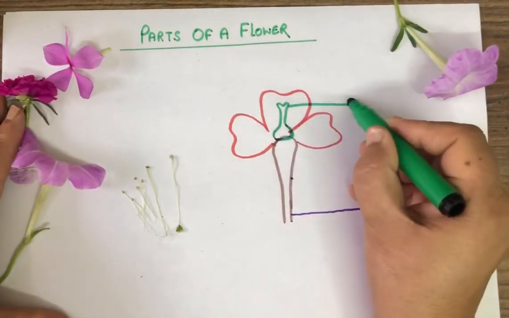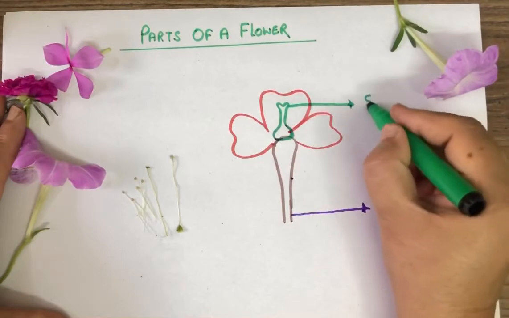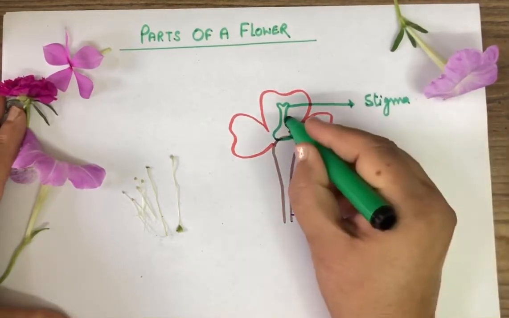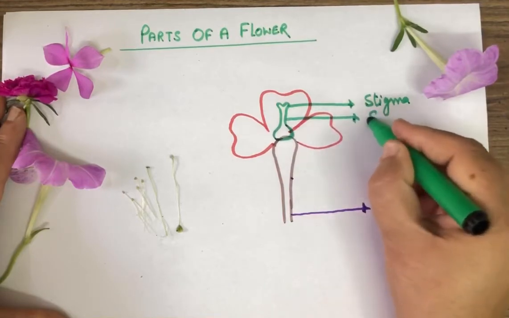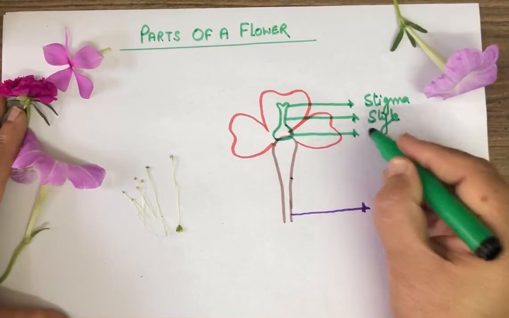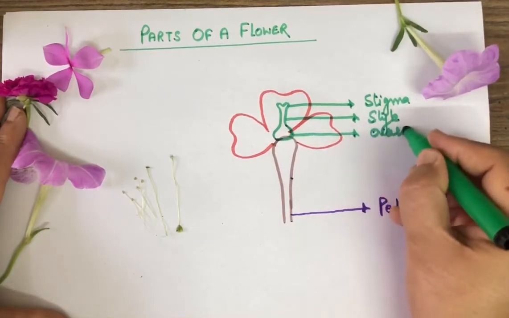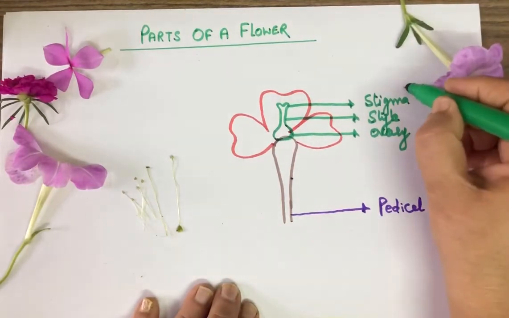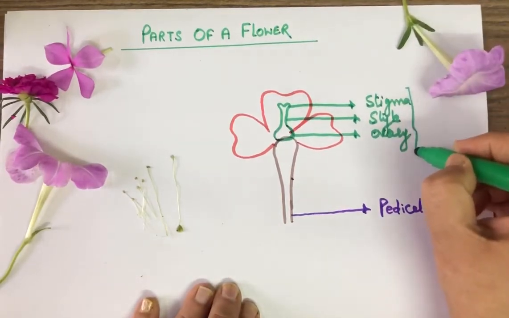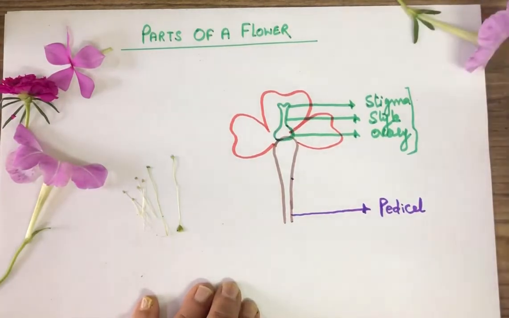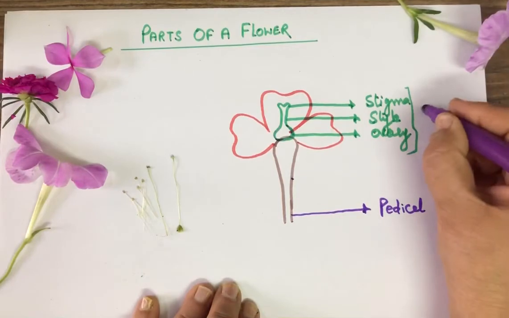This part is the stigma, this is the style, and third is the ovary. This part, stigma, style, ovary, is the female part. This part is called the carpel.